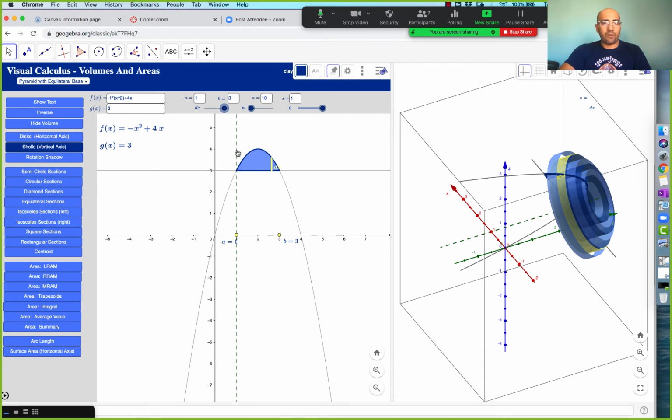This is the axis of rotation. So for the particular shell I'm highlighting right now, this yellow one, the radius is going to be the distance from here to there. And then it'll rotate. Good? Good. Okay, so now let's try and set up an integral that will solve that for us.